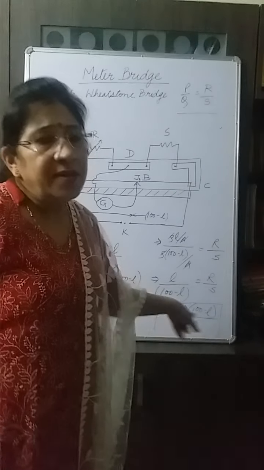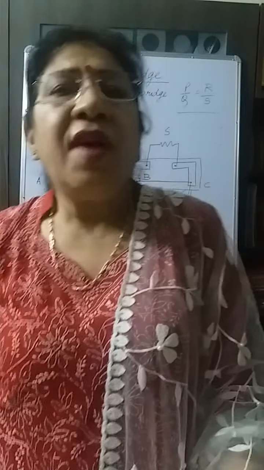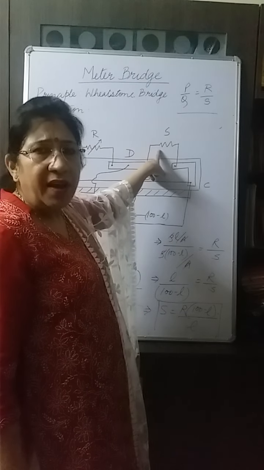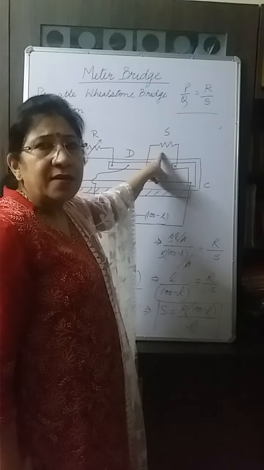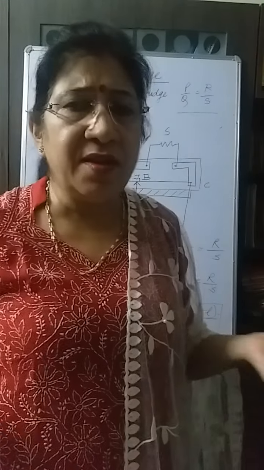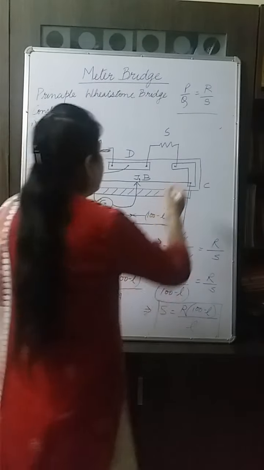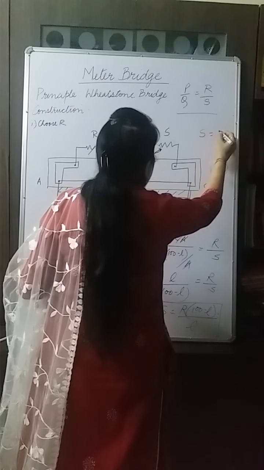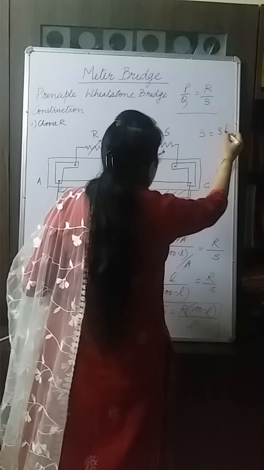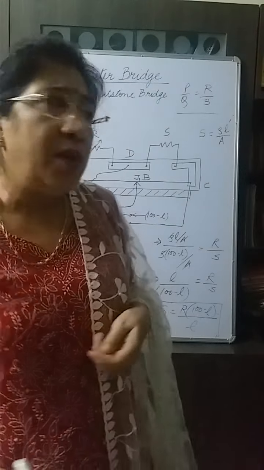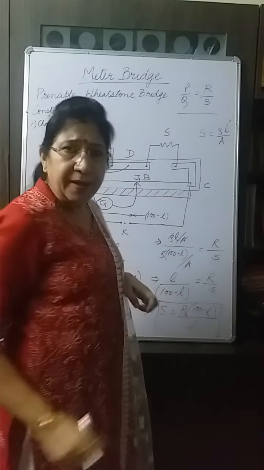When we have found the resistance S, we can also find the specific resistance of the wire that we have used here, the unknown wire. Specific resistance means resistivity of the wire can be found. For the wire, S would be equal to rho L dash by A. So the length of the unknown wire can be measured.